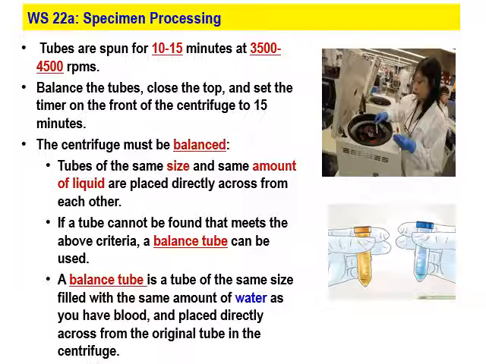You want to make sure they're approximately the same size tube. They need to be the same kind of tube, okay? If it's a 10 ml tube, you want another 10 ml tube, right? They need to have the same amount of liquid in both of them. Set them directly across from each other because they need to be balanced out. So pause this slide, as you should all of them. Read through this so that you will understand and visualize what you're doing.